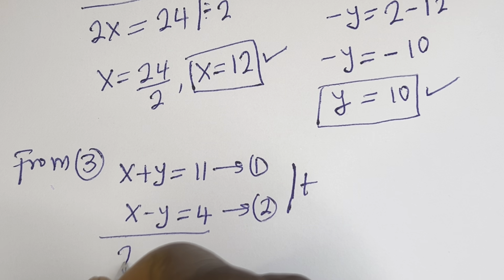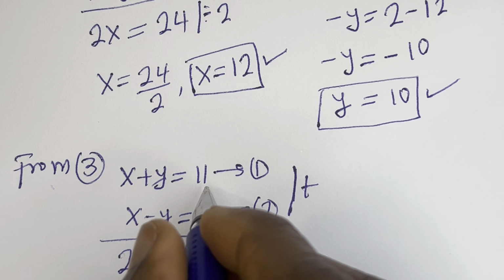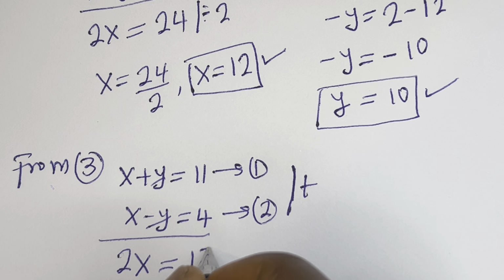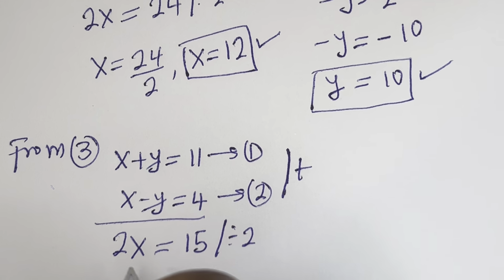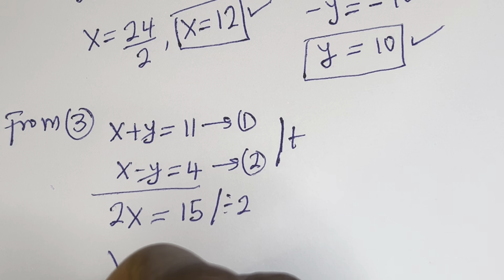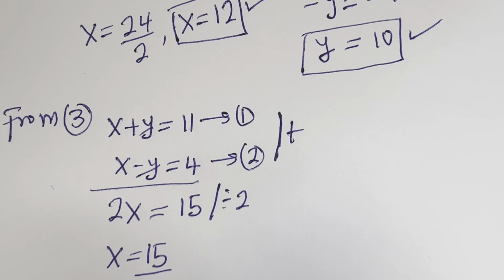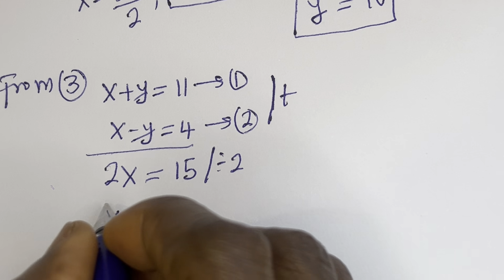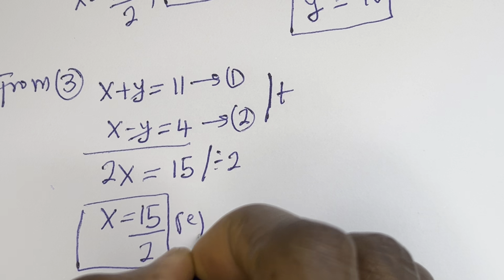This is 2x. This will cancel, is equal to 11 plus 4. That is 15. Now we can divide all through by 2. So x is equal to 15 divided by 2. This is not a natural number. It is also rejected.